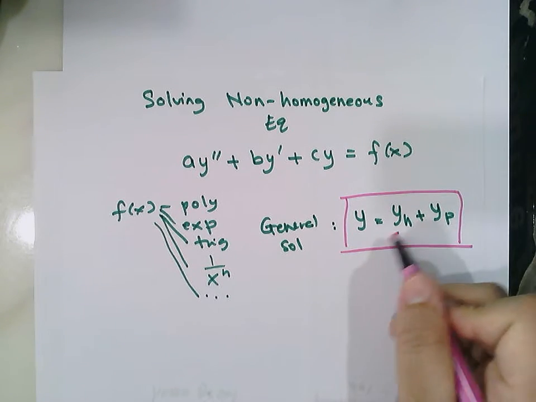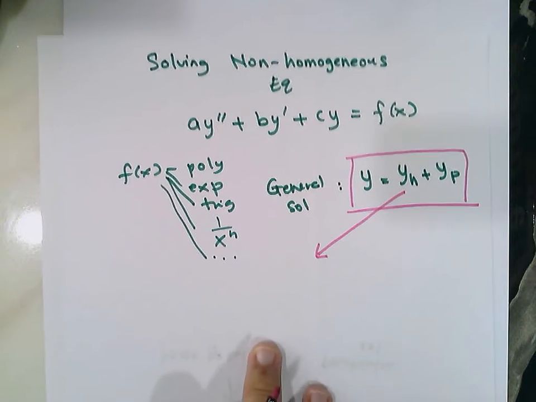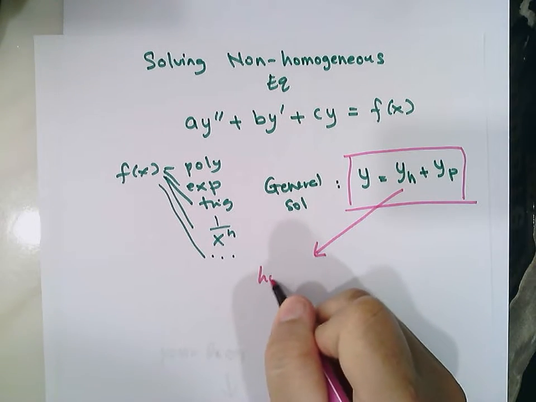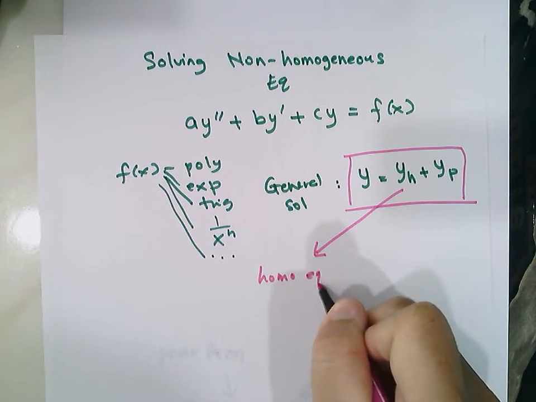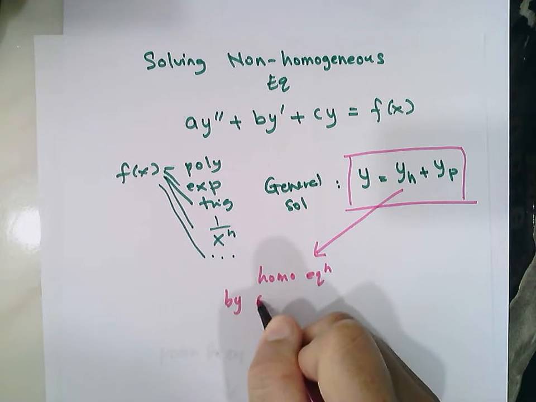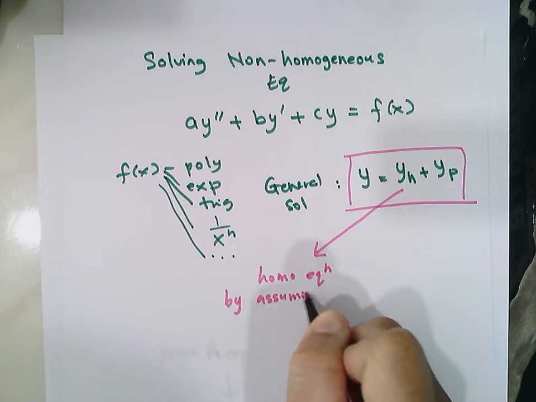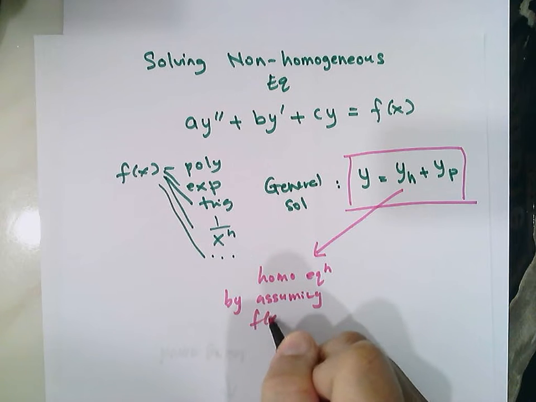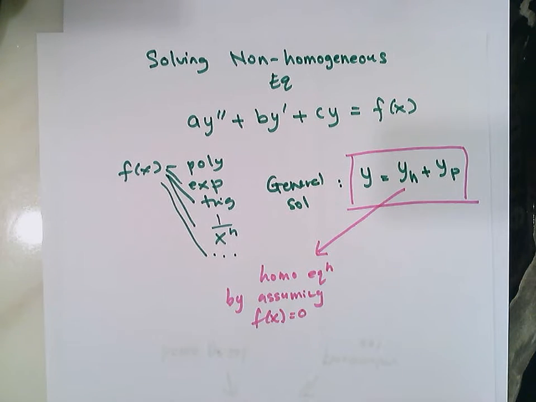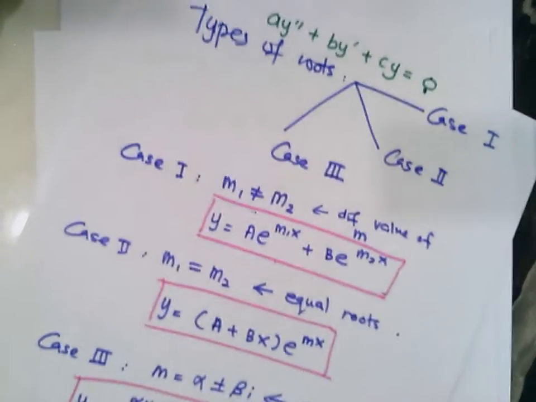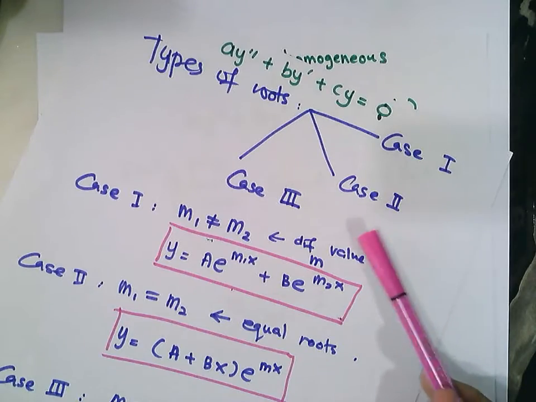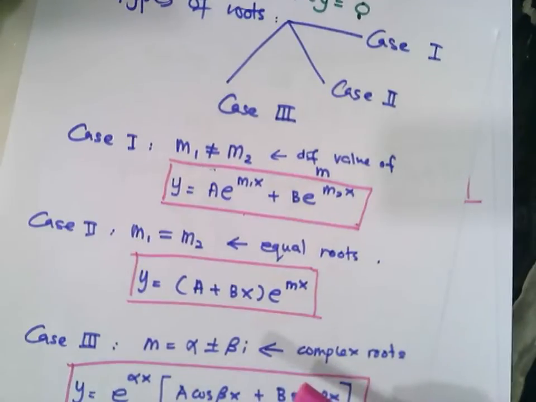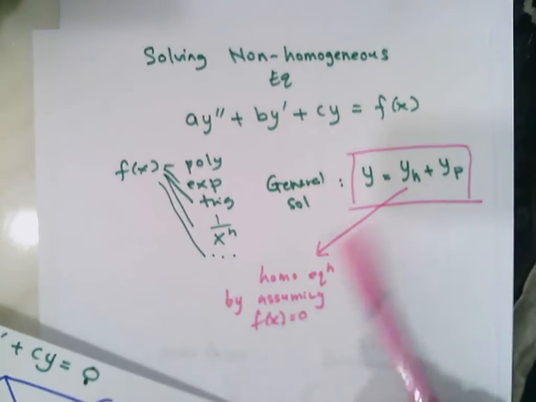So you have to know what is your yh and what is your yp. Yh here is your homogeneous equation solution, by assuming your fx is equals to 0. So you will have to go through all the steps that we have learned in the previous video on how to solve homogeneous equation, for you to get this yh.